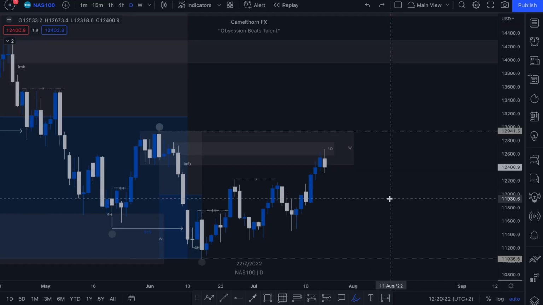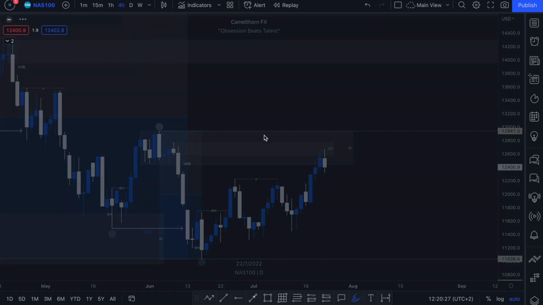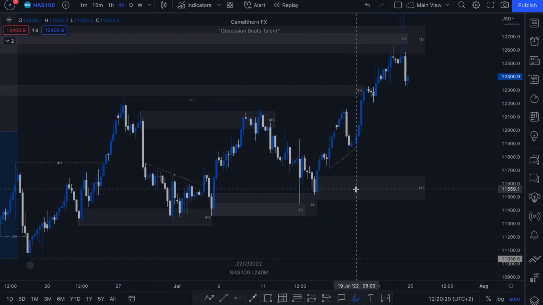So if we investigate a little bit further what price action has been doing on the 4-hour chart, you can see that things become a little bit clearer.